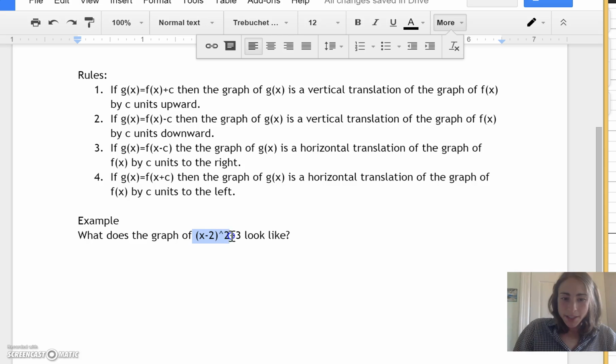The parent function is x squared, so this is going to be a shift of the x squared graph. The first thing I did is I switched x to x minus 2. This is going to be the graph of x squared with a horizontal translation by 2 units to the right.